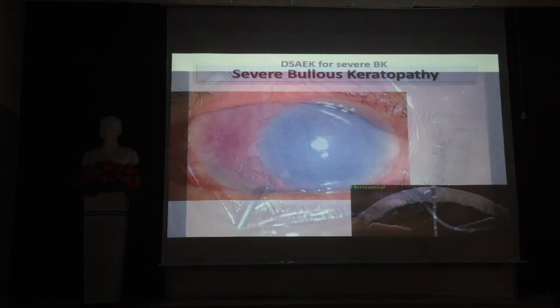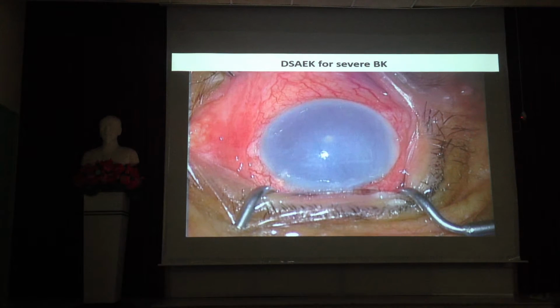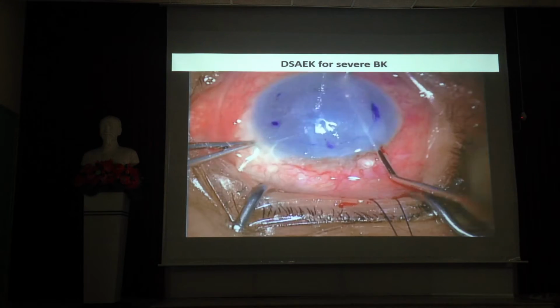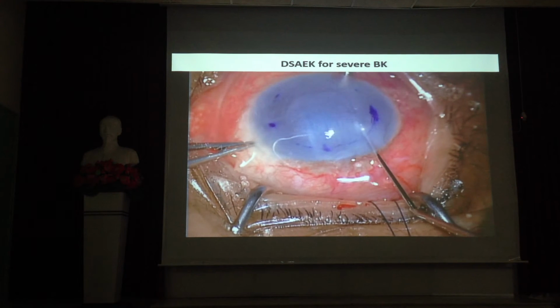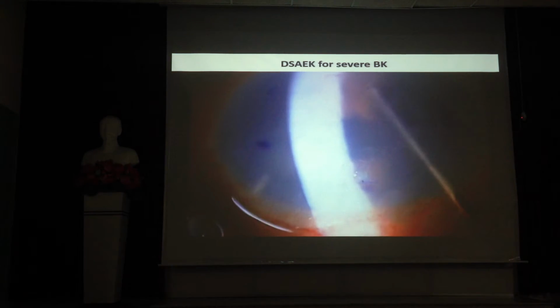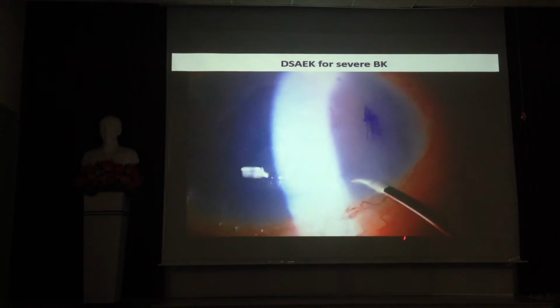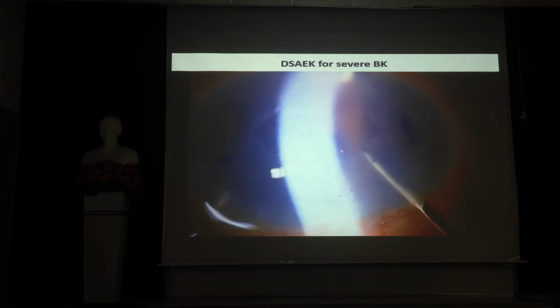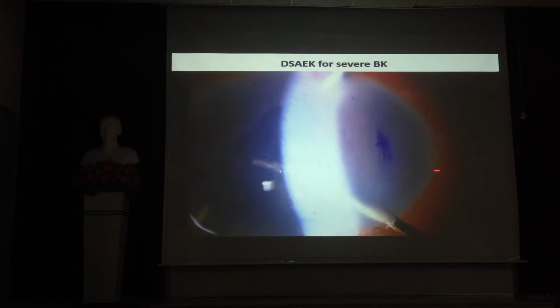So for instance, this is bullous keratopathy, and you could easily see by the slit lamp with some device to remove the Descemet membrane or so.